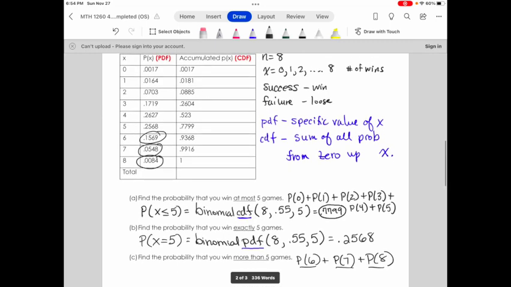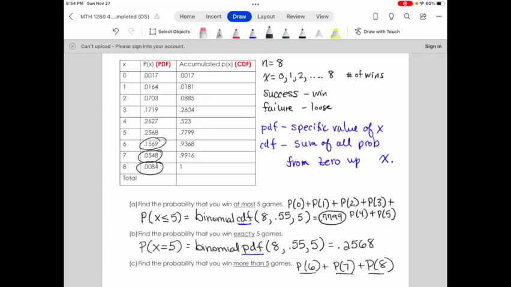Or what you could do, another way to do it, is since I know that all of these together, the accumulated CDF, when I get down to the bottom, everything is added up to 1. So since I want 6, 7, 8, those values added up, I could find 0 through 5, which we have that added up, and subtract it from 1.